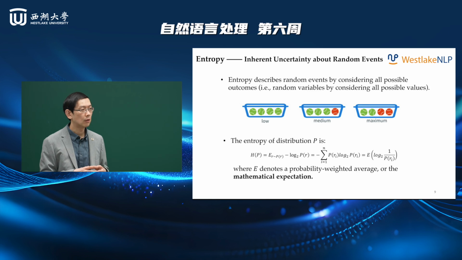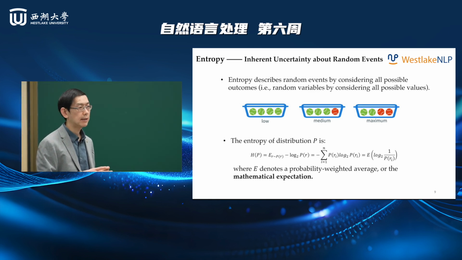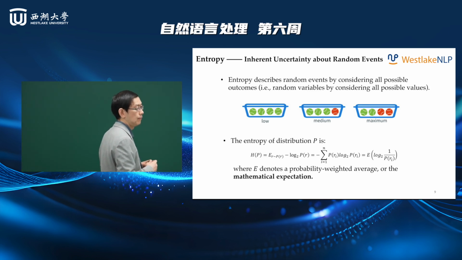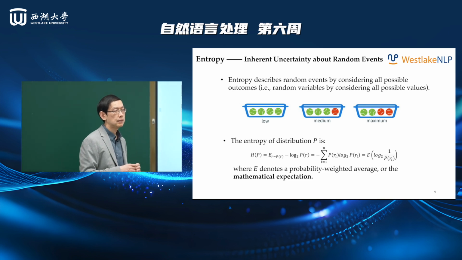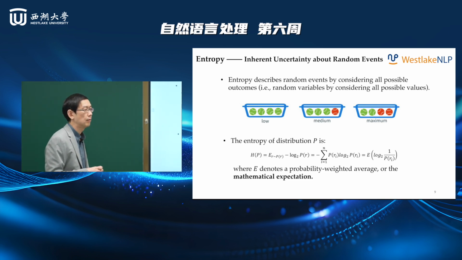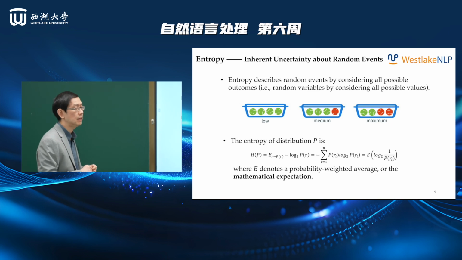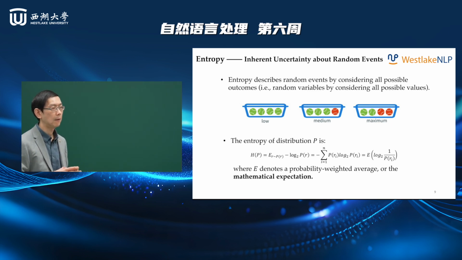In general, if I denote any outcome of an event as R, this average is a mathematical expectation. It's the sum over all possible R of P(R), the probability of R, times the information in R, namely minus log2 P(R), as you see in this equation.